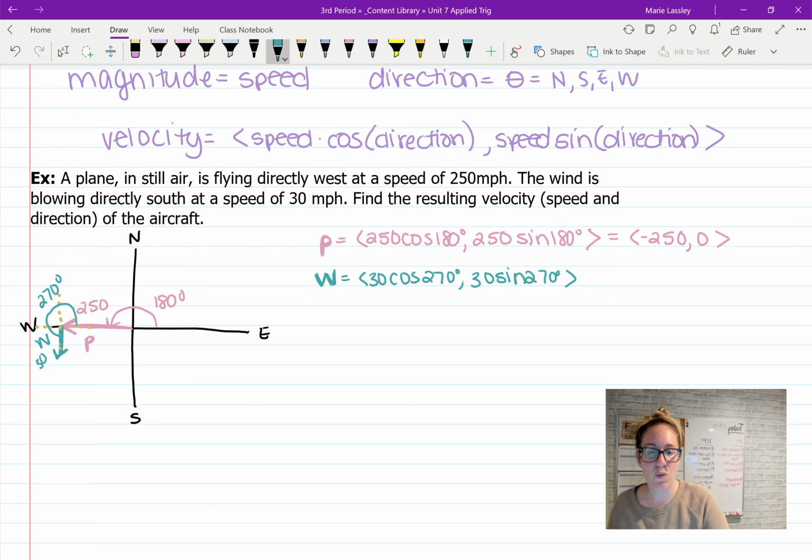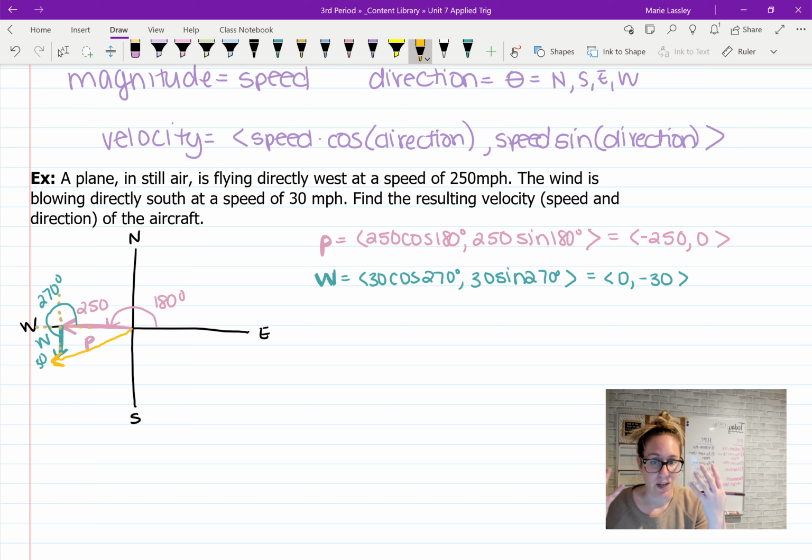This is when we combine the plane's set trajectory and the wind's set speed and angle to get this new speed and direction. This is what we would actually be flying in the direction of. I'm going to call this R for resulting, of our aircraft.